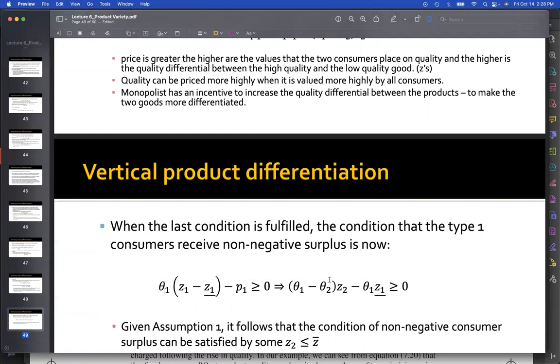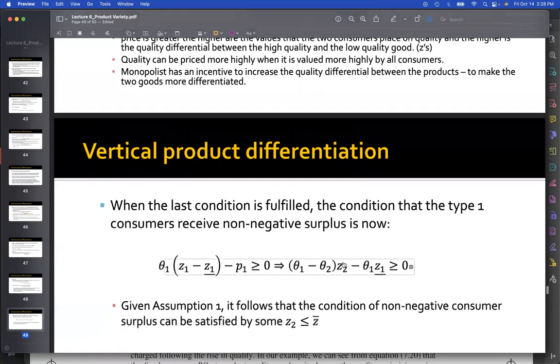This tells us what the values for Z2 should be in relation to what are, from the point of view of the seller, exogenous, because theta 1 and theta 2, the monopolist can't control that. Cannot control theta 1, cannot control theta 1 under bar as well. So this relationship, in order to fulfill incentive compatibility and positive utility by group 1, tells you what Z2 ought to be.